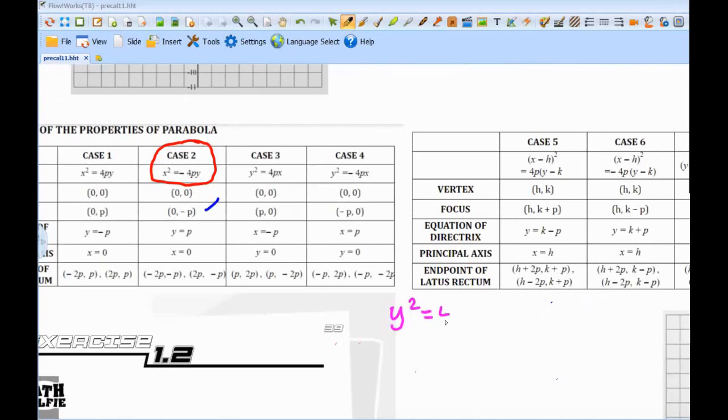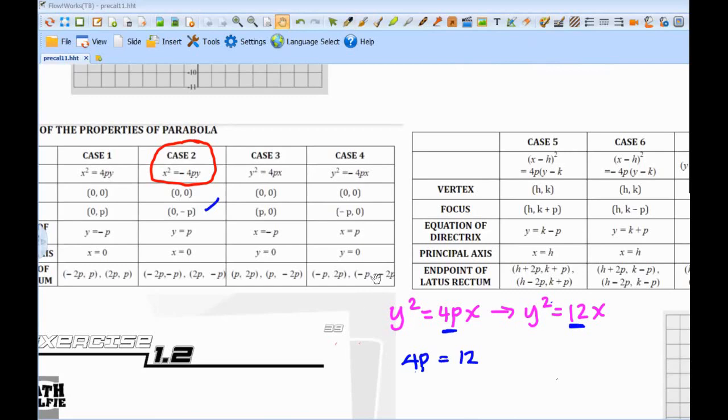Okay, so y squared is equal to 4px. And then the given is y squared is equal to 12x. So you know what to do? You just equate 4p and 12 to get the p. So 4p is equal to 12.